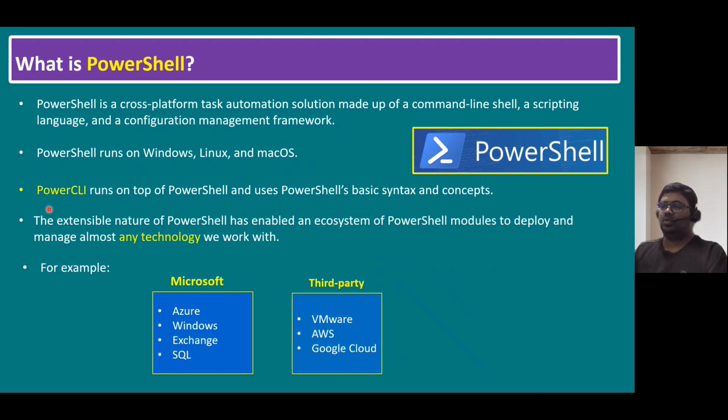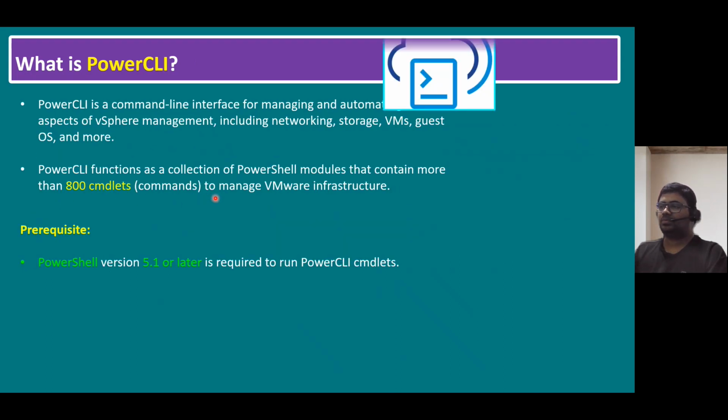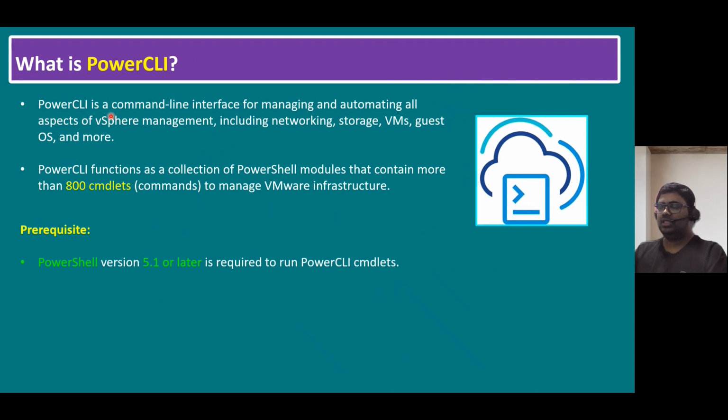Now let's talk about PowerCLI, because PowerCLI runs on top of PowerShell. PowerCLI is a command line interface for managing and automating all aspects of vSphere management, including networking, storage, virtual machines, guest OS, and more.